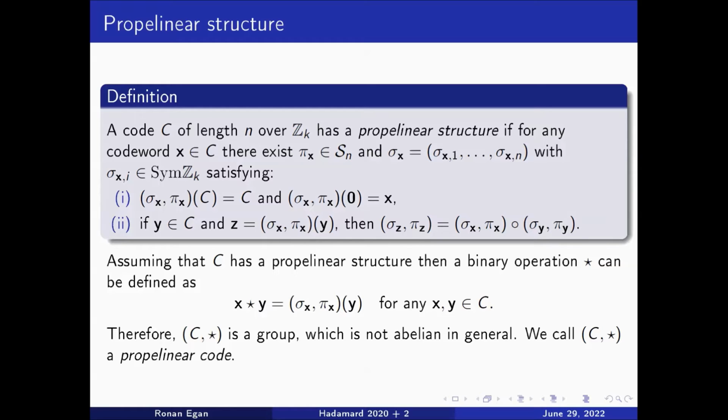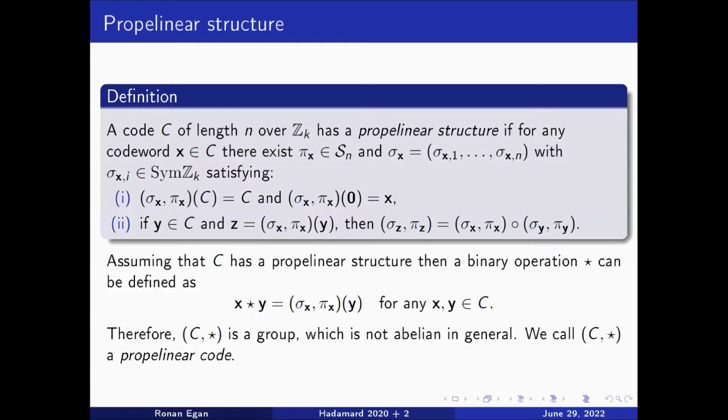And if you have a linear code, it's exactly this, and it just means that your group is elementary abelian of order, if it's a code over the field of order q, q to the n. So you've got an elementary abelian group where vector addition would be the same as this star operation. So this generalizes linear codes in a sense.